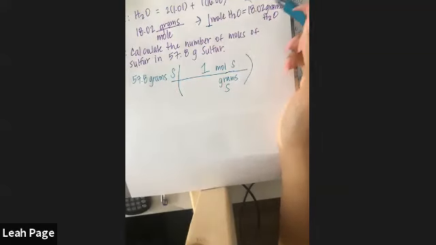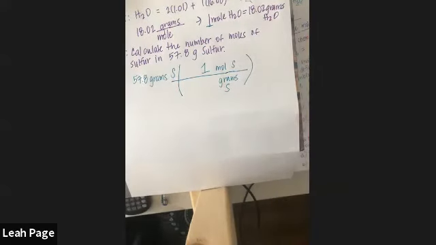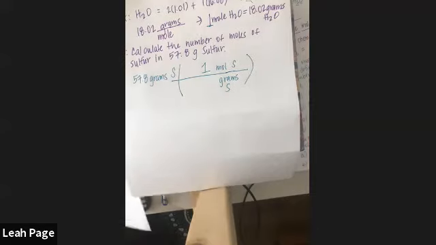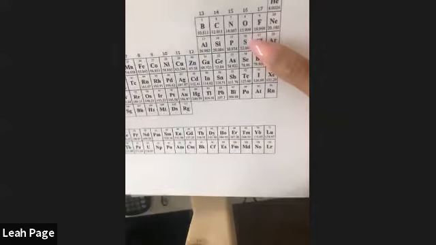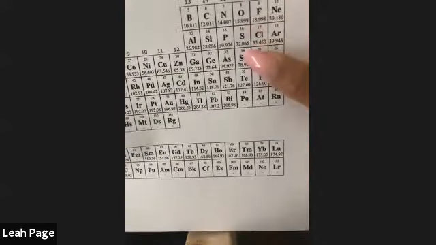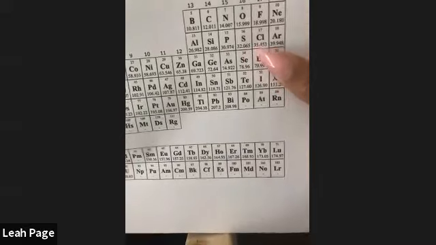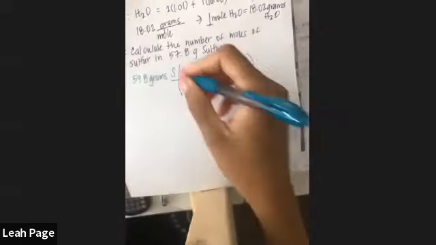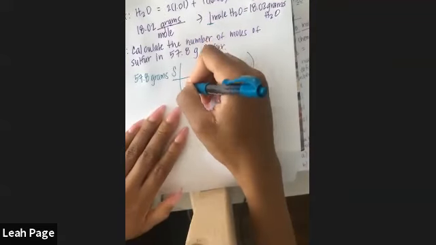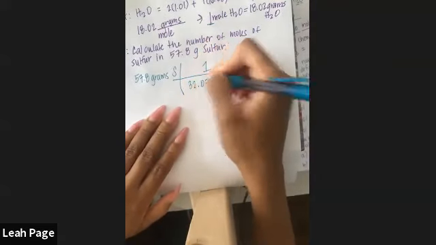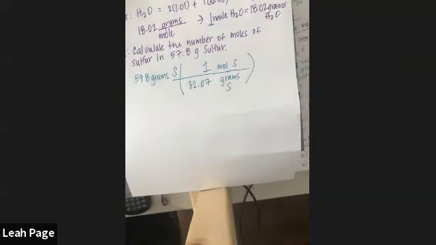So I have to pull out the periodic table. I look at my periodic table for sulfur. I go to S, sulfur, and if I round to 2 decimal places, 32.07. So I'm going to say it's equal to 32.07 grams.